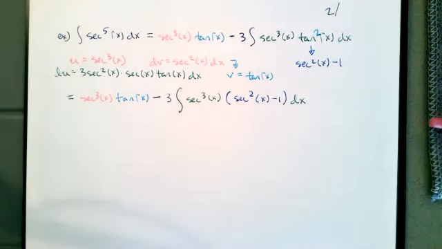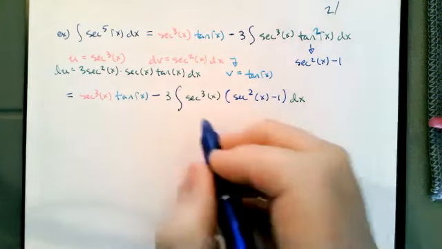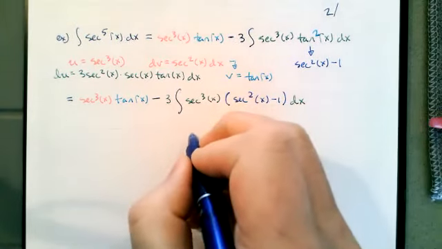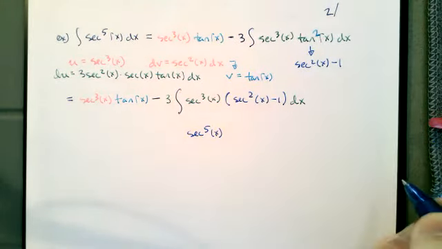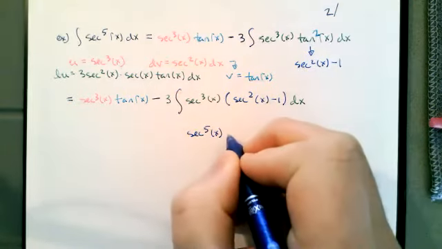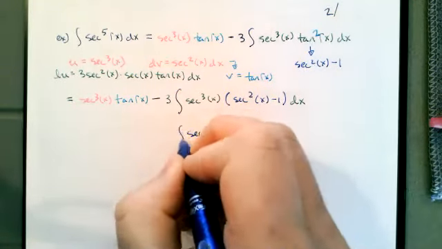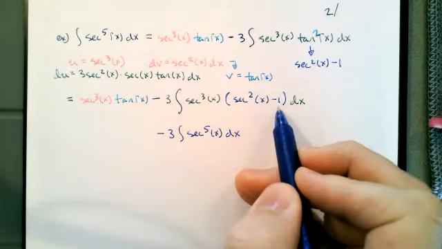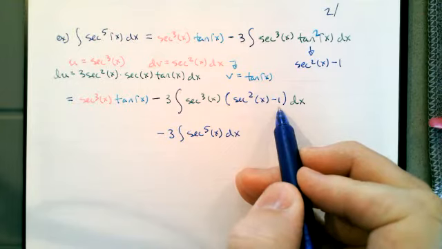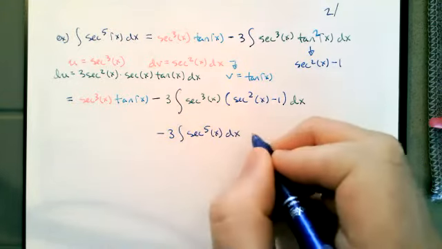Now we'll do the same thing that we did last time. I'm going to distribute secant cubed. And so this will become secant to the 5th x and then over here I'll have plus 3 integrals of secant cubed x because the minus 3 distributes.